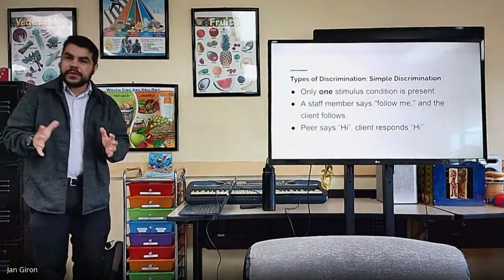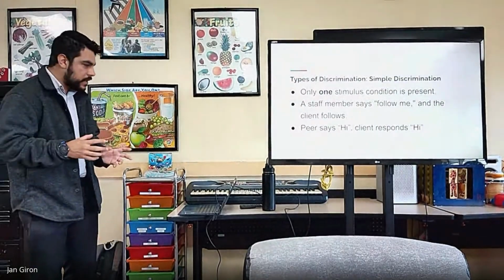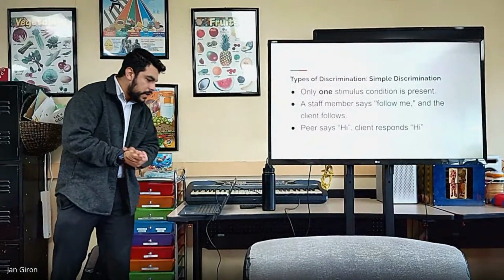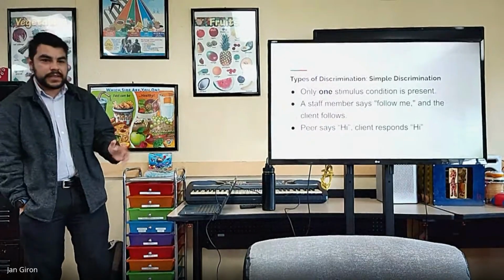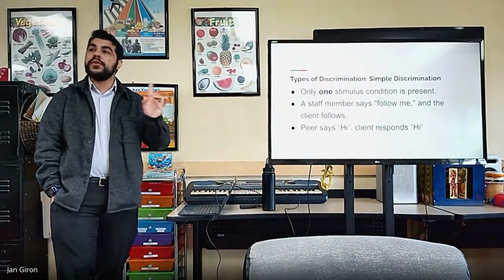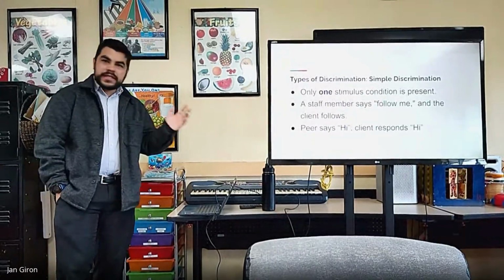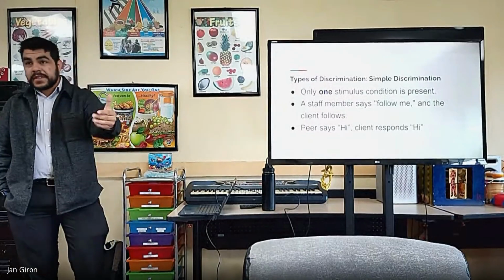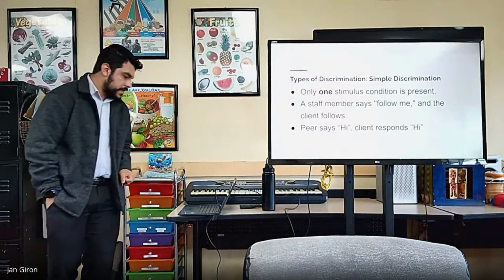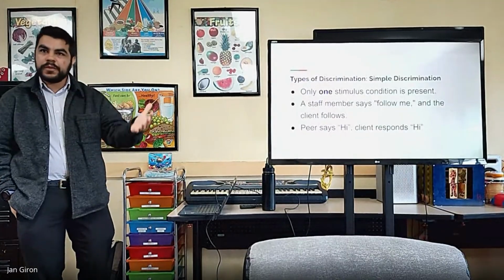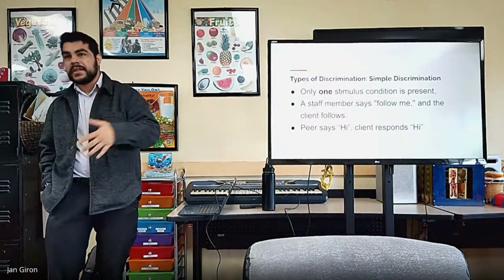Okay, so there are a few instances of different discriminations that we can look at. The first one is a simple discrimination because there's only one thing that they have to tell apart. There's only one stimulus that signals reinforcement or no reinforcement. So for instance, we can look at just a simple verbal instruction, hey, follow me.